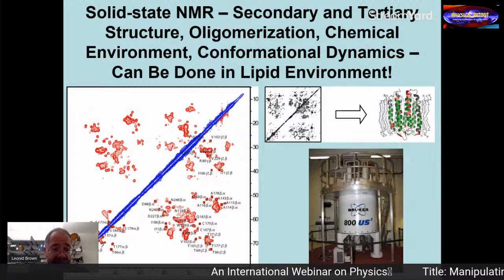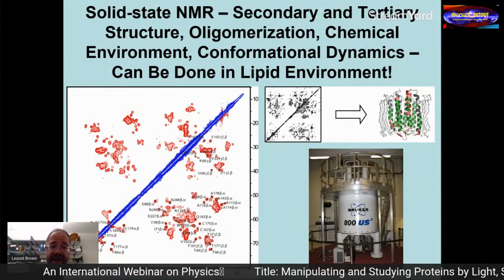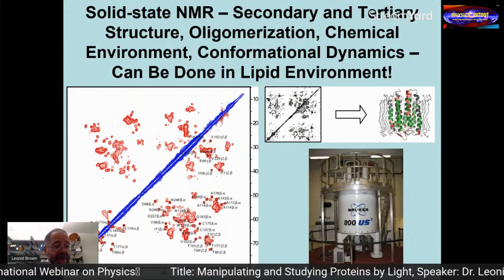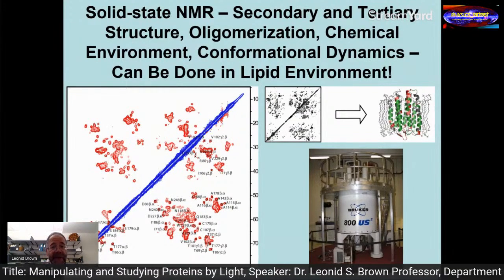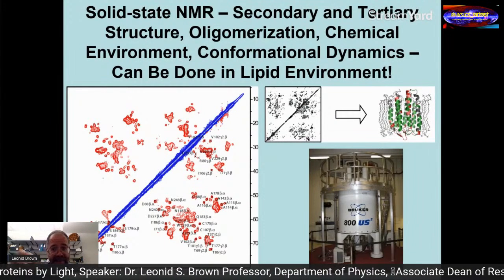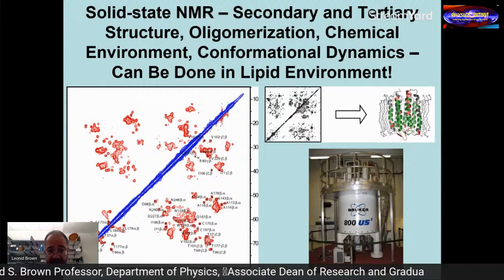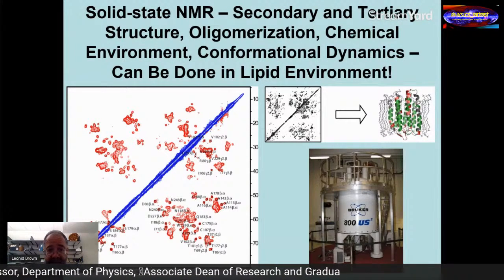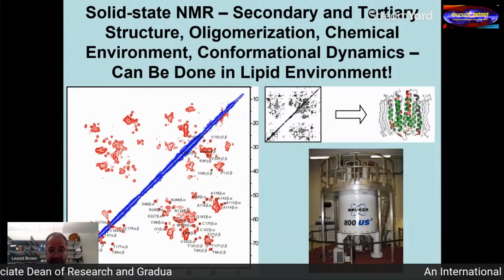So basically, what can you get from solid-state NMR? If you're lucky, you can get information about every atom. You can get information about the environment of every atom. You can also get information about how atoms are located relative to each other, so you can measure distances between specific atoms. You can get the secondary structure of your protein.